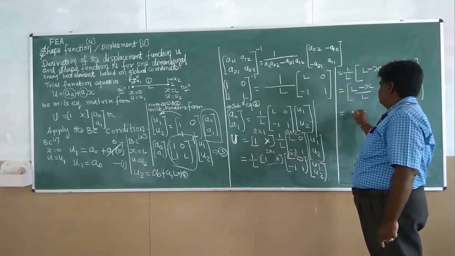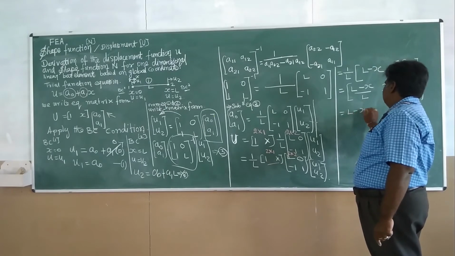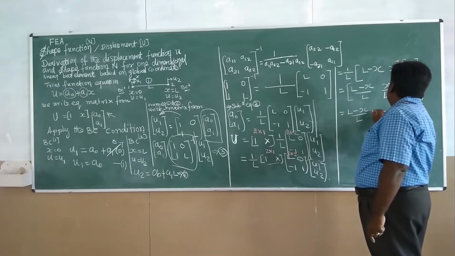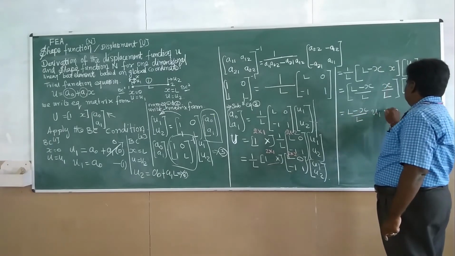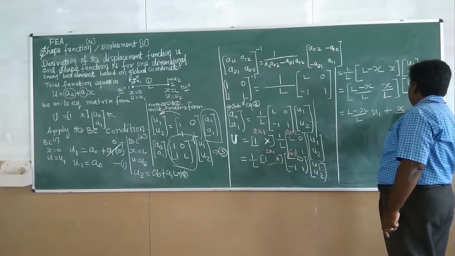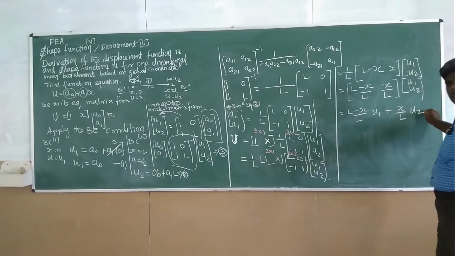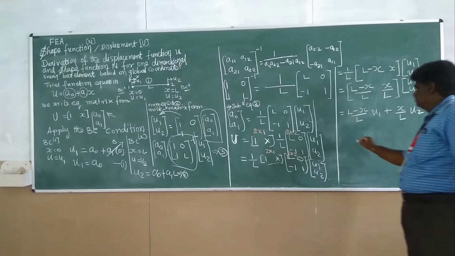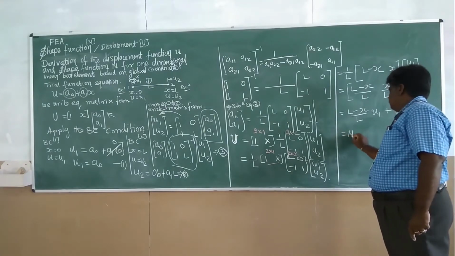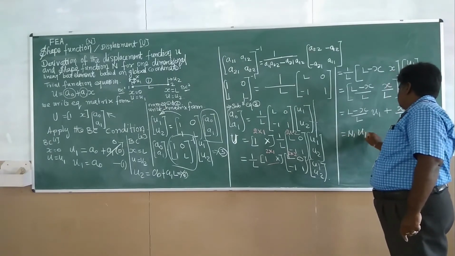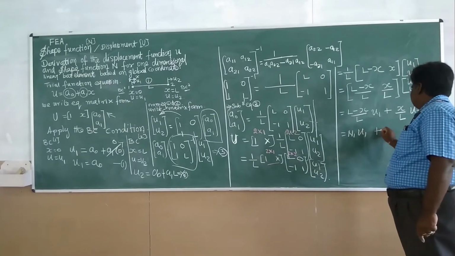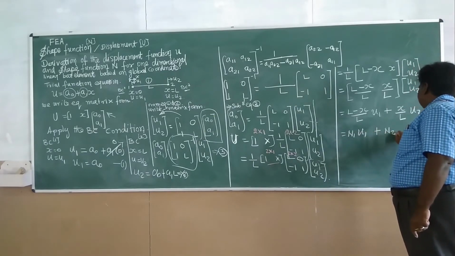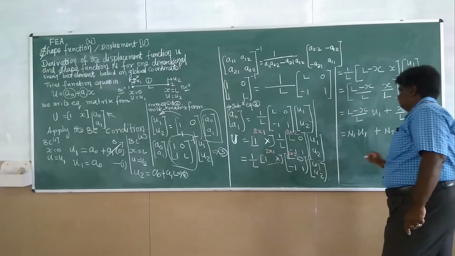Rewriting this matrix in equation format: L minus x divided by L, times u1, plus x divided by L, times u2. This is N1 u1 plus N2 u2.